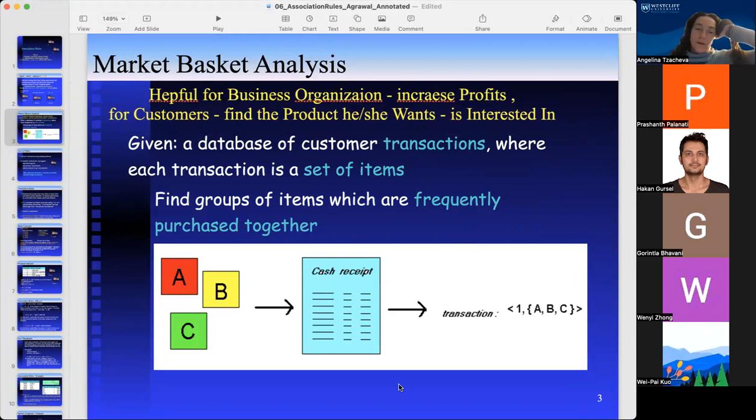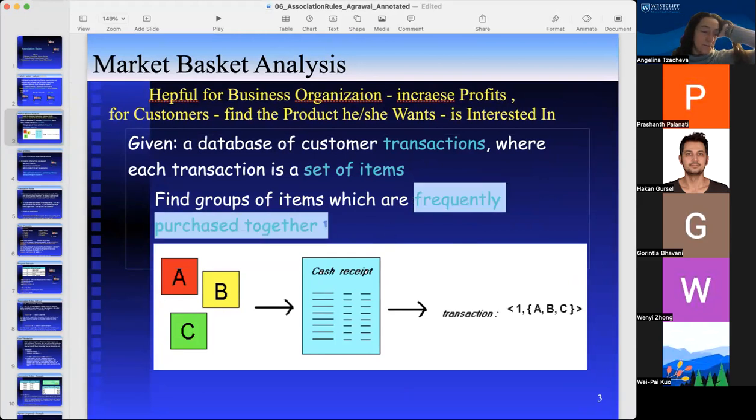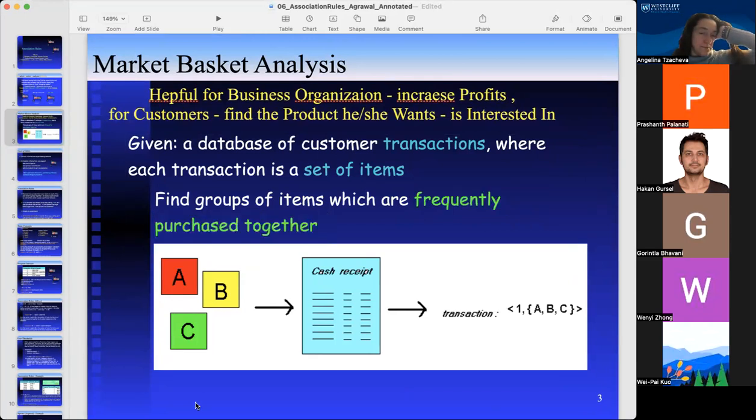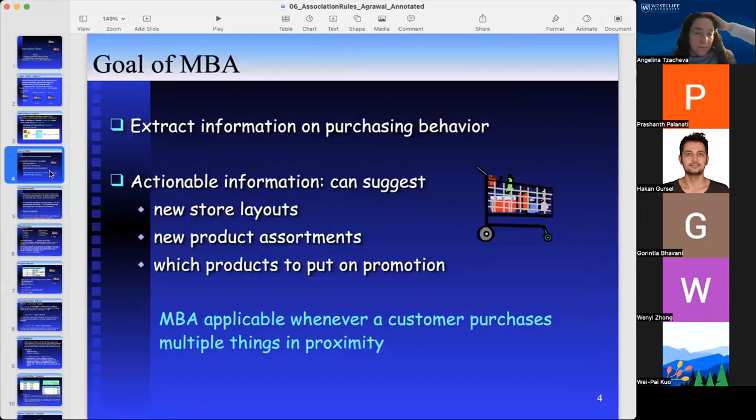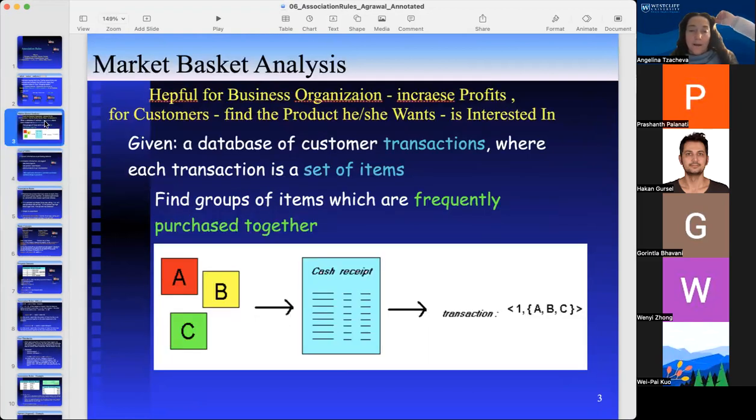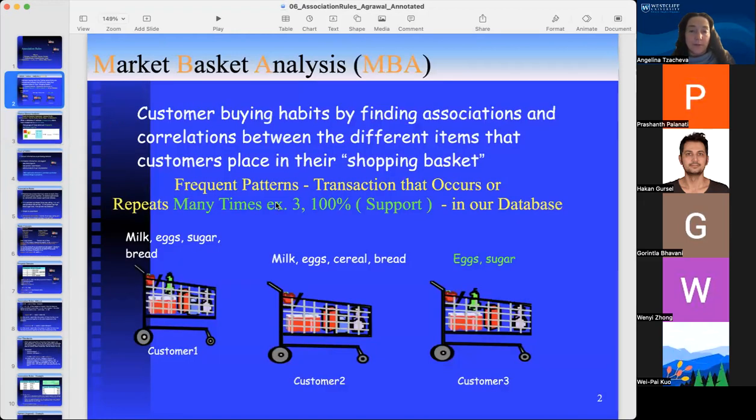So, given the database of customer transactions where each transaction is a set of items, we would like to find groups of items that are frequently purchased together. And when we say frequently, like we mentioned earlier, we could establish some threshold.